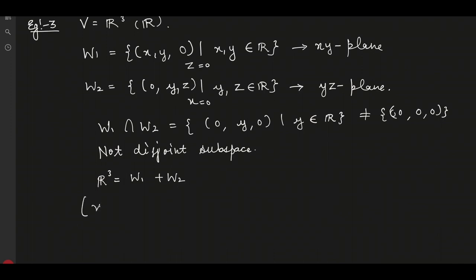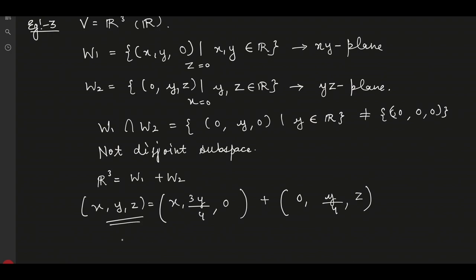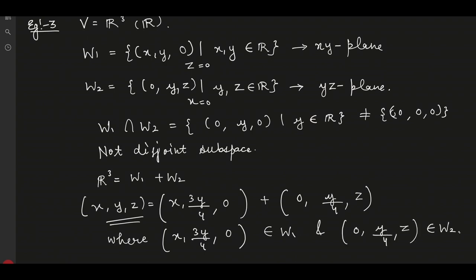So here I can write xyz as x comma 3y upon 4 comma 0 plus 0 comma y upon 4 comma z. Add both the terms, you will get this term only, where x, 3y upon 4, 0 belongs to W1 and 0, y upon 4, z belongs to W2.